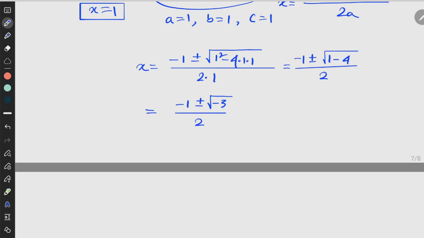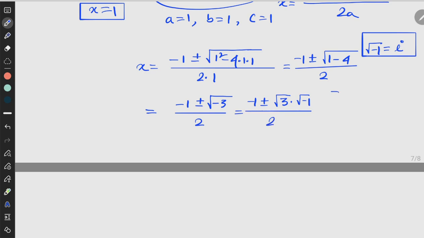We know that in complex numbers, root over of minus 1 equals iota, that means i. That's why we can write this equation as minus 1 plus minus root over of 3 into root over of minus 1 by 2, because we know that root over of a into b equals root over of a times root over of b.